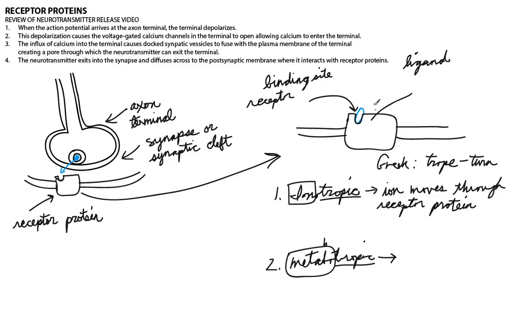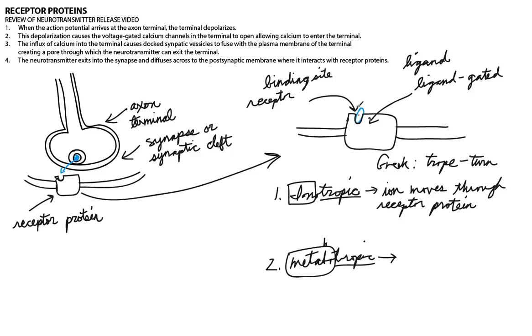And sometimes this kind of receptor protein is called a ligand gated channel, or alternatively a transmitter gated channel. Now, these ligands don't stay bound permanently to the receptor protein.